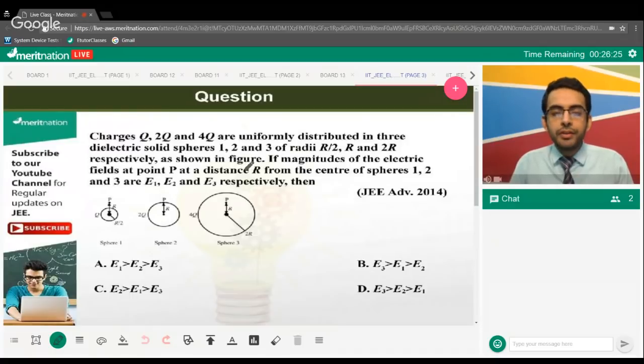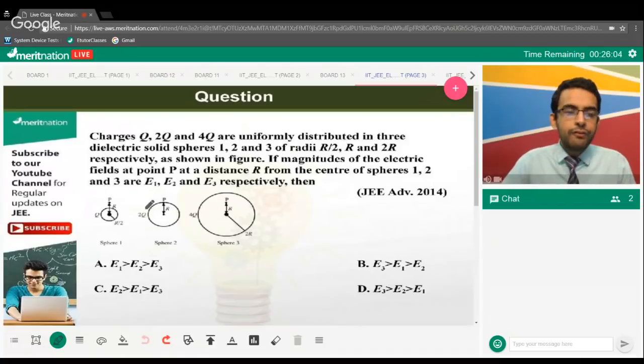If the magnitudes of electric fields at point P at a distance capital R from center are E1, E2 and E3 respectively, then we have to find the relation between the electric fields. You should be clear about which formula to be used here.